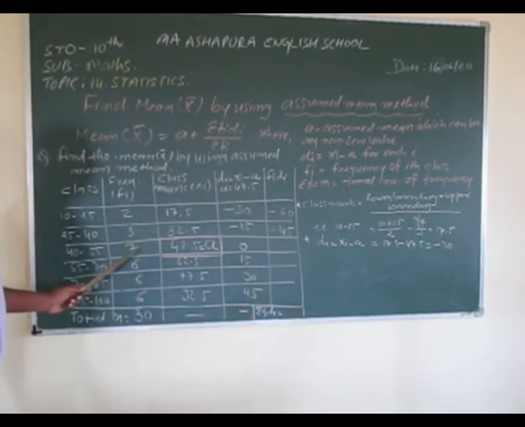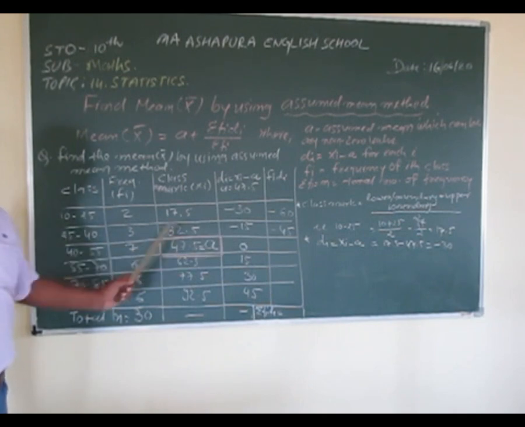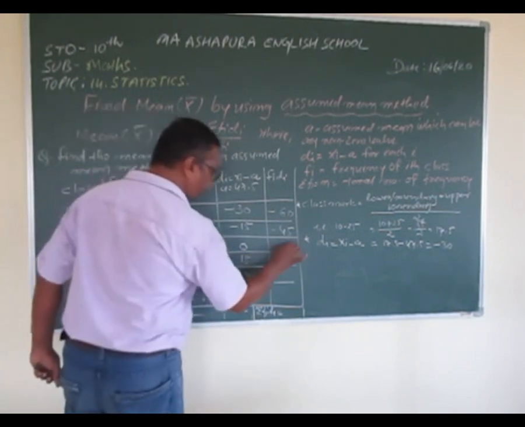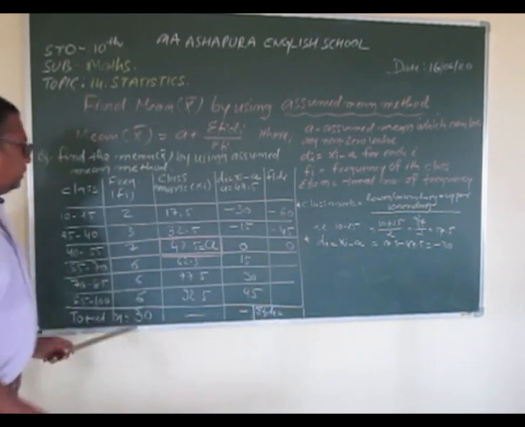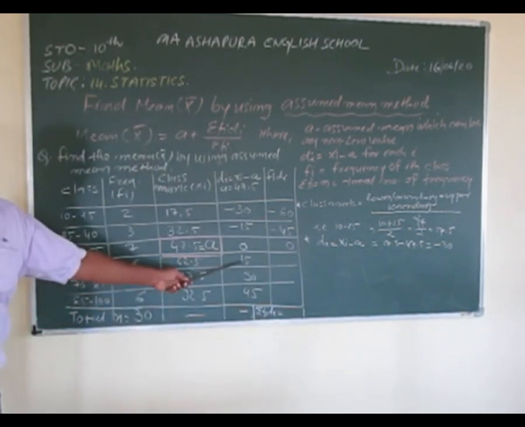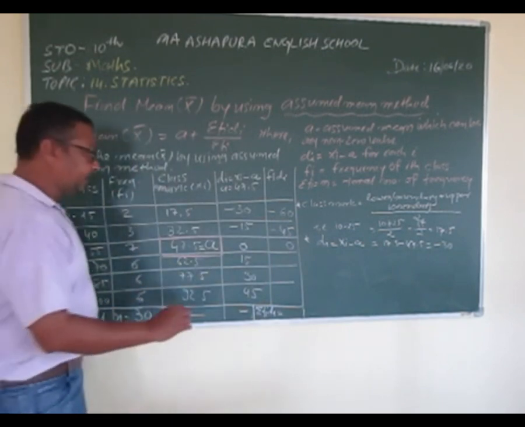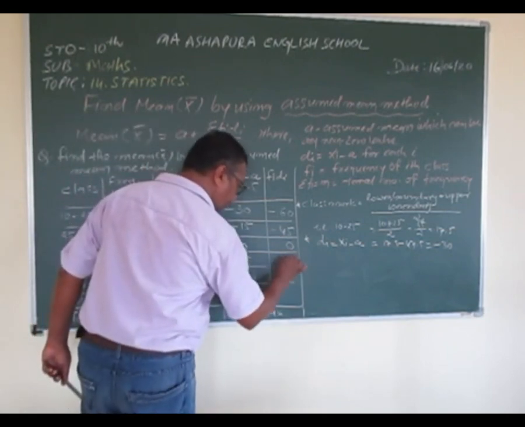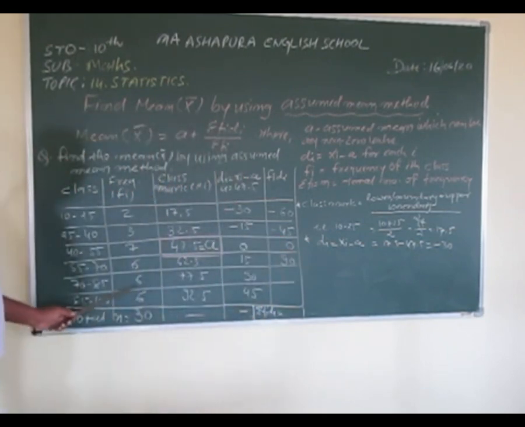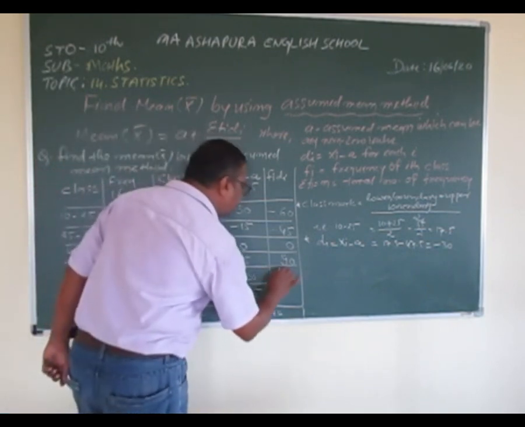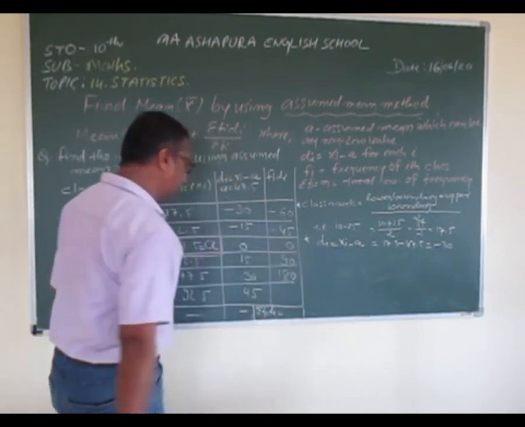Third, 7 multiplied by 0 and get 0. Next one, 6 multiplied by 15, 15 6s are 90. Now 6 multiplied by 30, and we get 180.